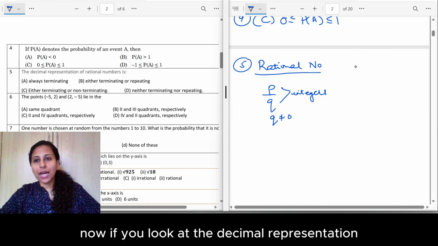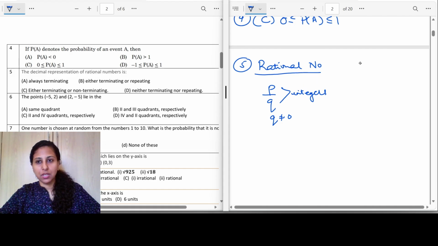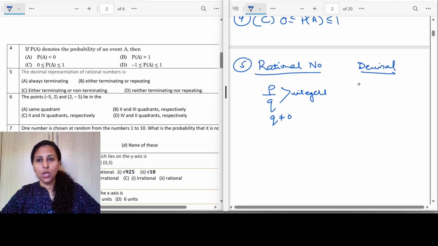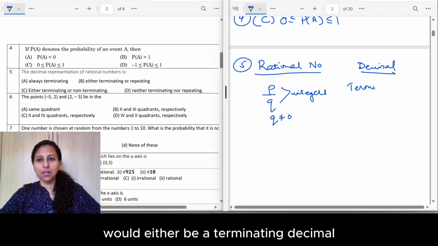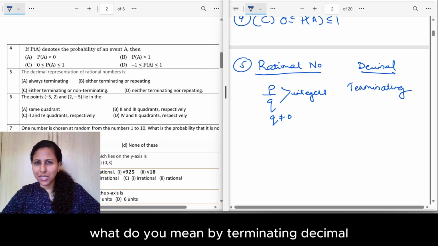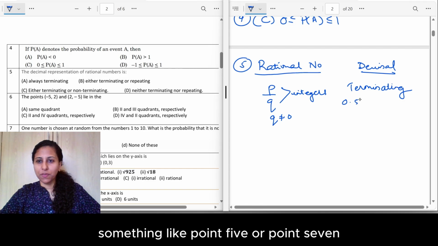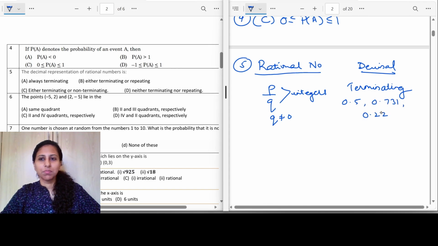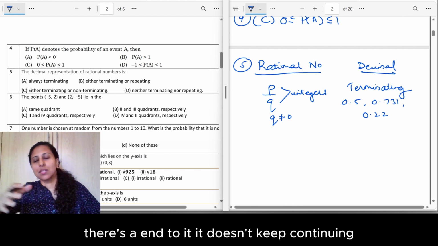If you can write a number in that form, that's a rational number. Now, if you look at the decimal representation, the decimal representation of a rational number would either be a terminating decimal. What do you mean by terminating decimal? Something like 0.5 or 0.731 or 0.22. There's an end to it. It doesn't keep continuing.